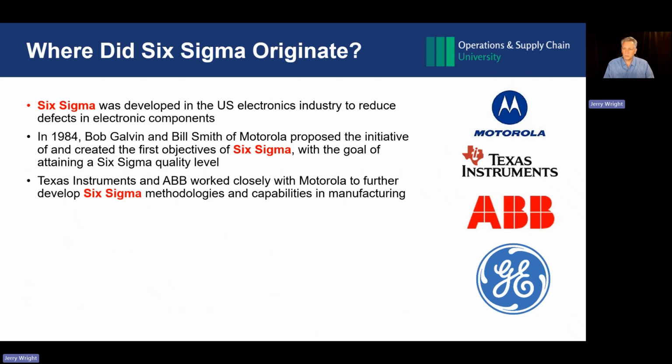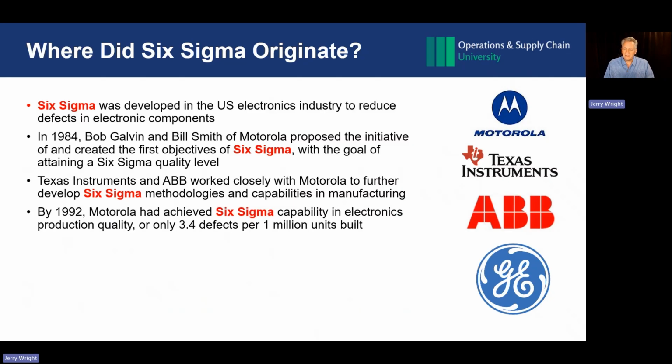Now, Texas Instruments and ABB worked closely with Motorola to further develop Six Sigma methodologies and capabilities in manufacturing. By 1992, Motorola had actually achieved Six Sigma capability in its electronics production quality. Again, that 3.4 defects out of 1 million units built.